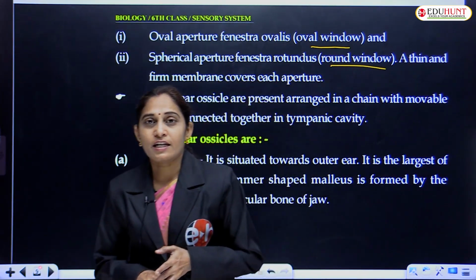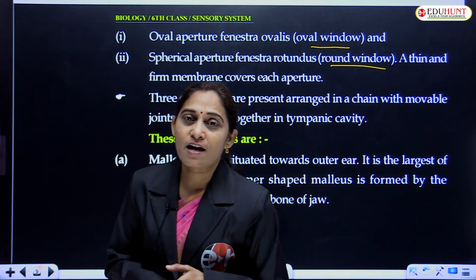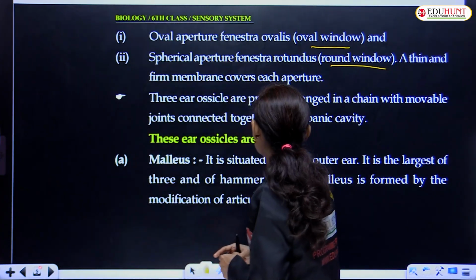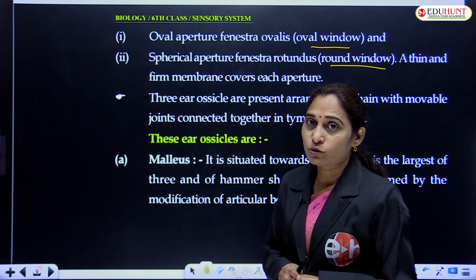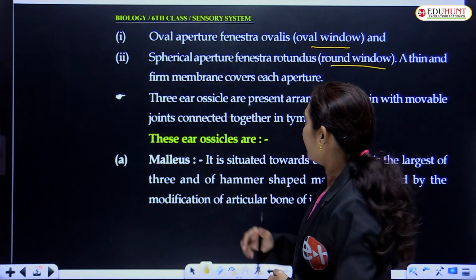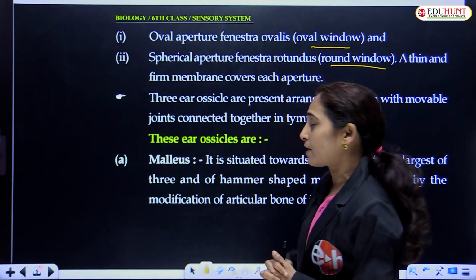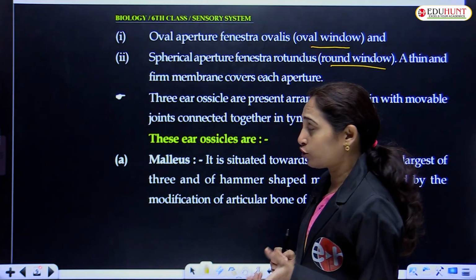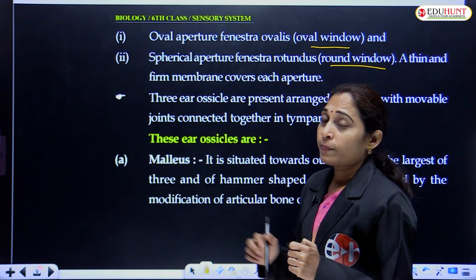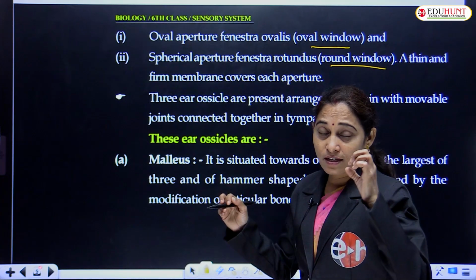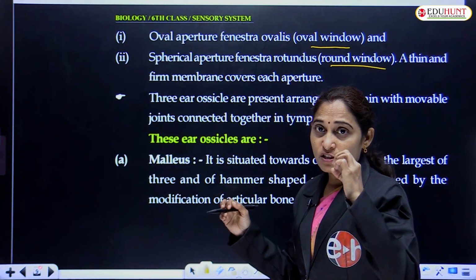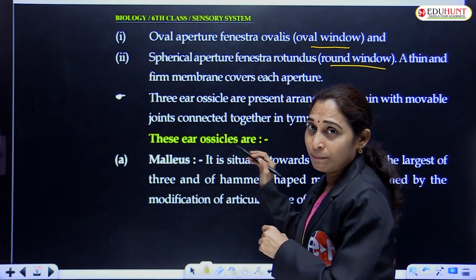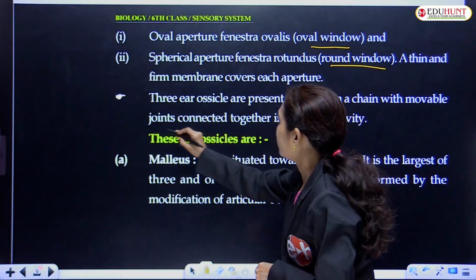They are connected to the tympanic cavity, and they are movable joints. These ossicles are nothing but bones. These three bones are in the form of a chain, and they are connected to the tympanic cavity through joints.